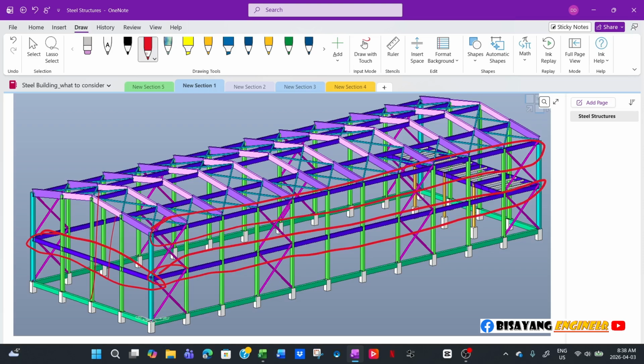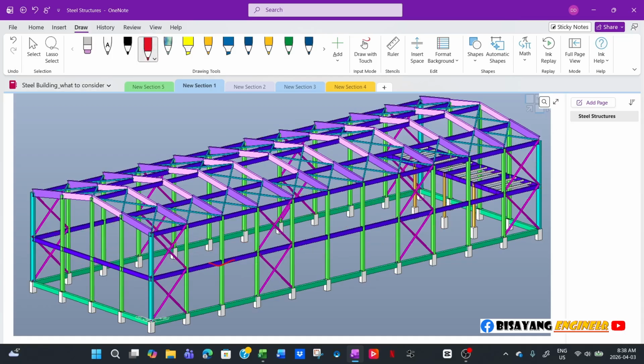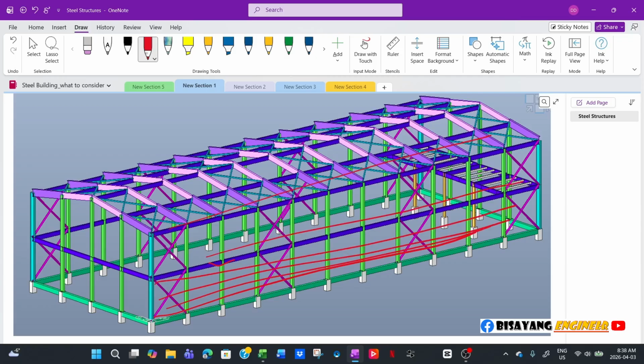I understand these are struts, but I'm not sure how big the loads are. Most of the time, pre-engineered buildings will avoid this one, because you still have girts right here that will support your cladding on the walls and on the roof.